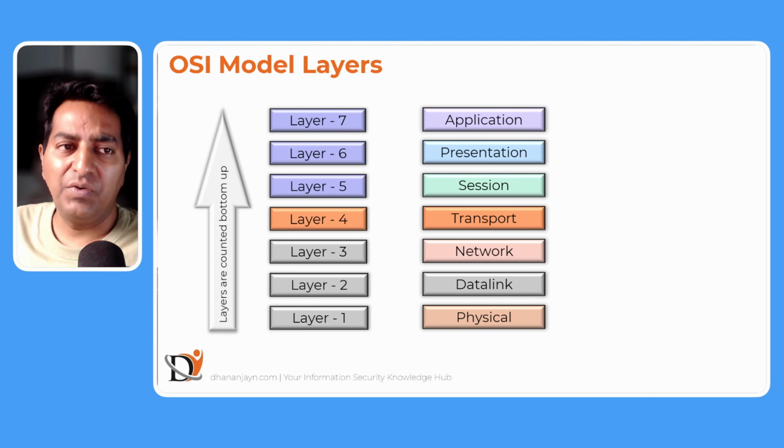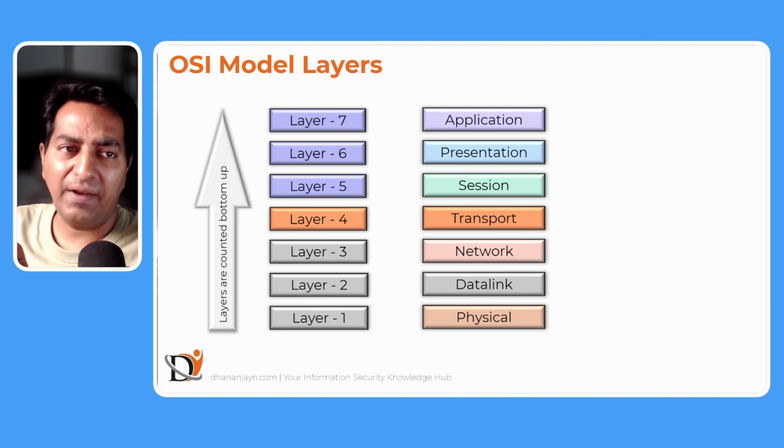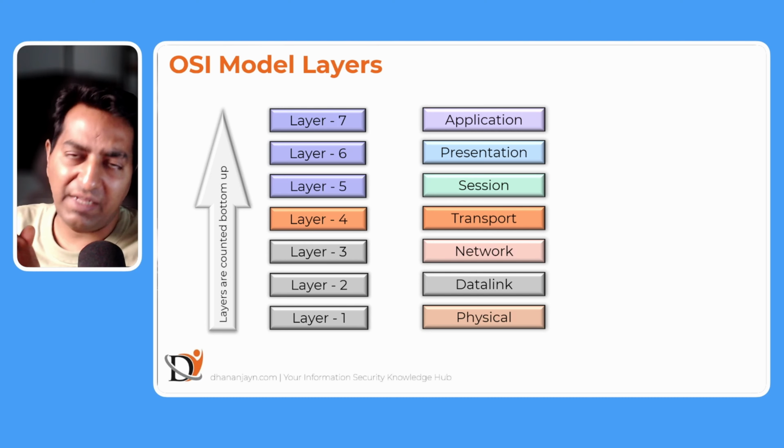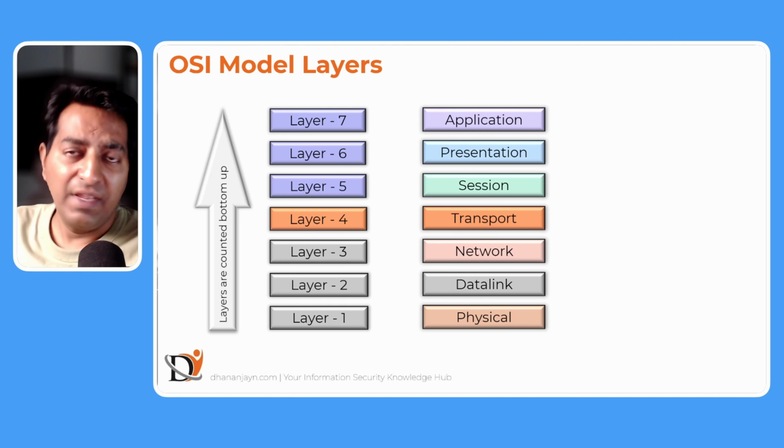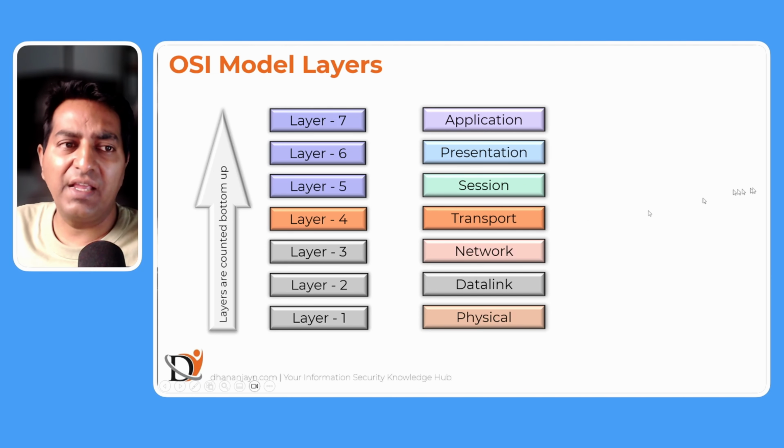If you look here, I have given numbering from 1 to 7. When it comes to the counting of the layers, physical layer is layer 1 and the application layer is the 7th layer. Even if it looks at the top, it is the 7th layer in the OSI model. And you can see the layers are counted bottom up.